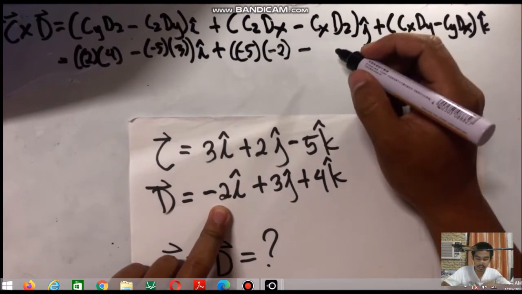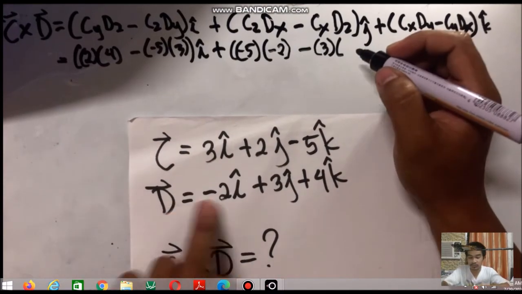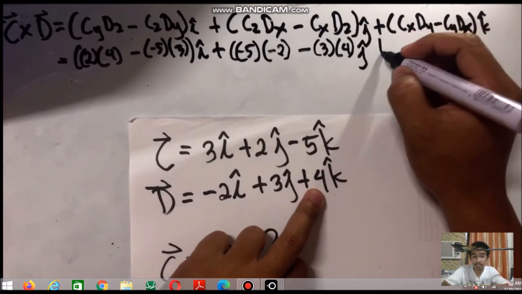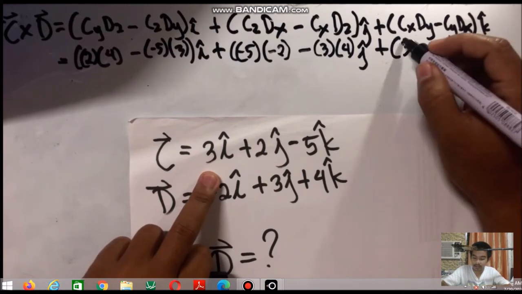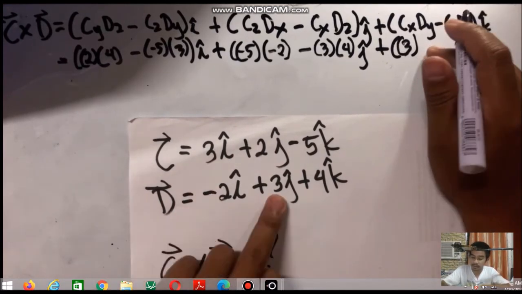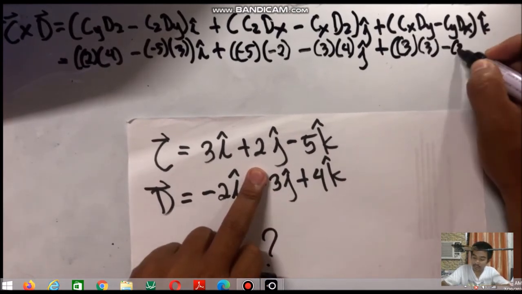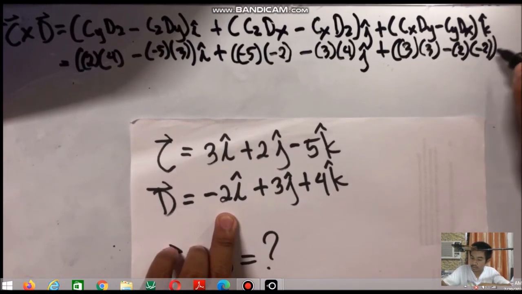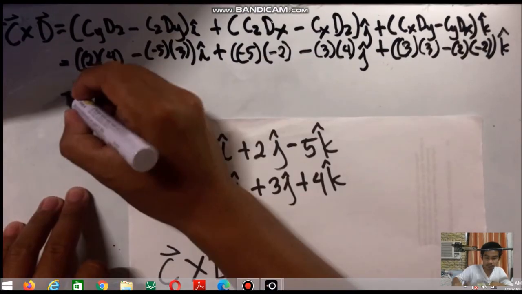Minus CX, CX is 3, times DZ, DZ is 4, j hat, plus CX, that is 3, times DY, which is also 3, minus CY, that is 2, times DX, which is negative 2, then k hat. So that will be equal to, what's 2 times 4?